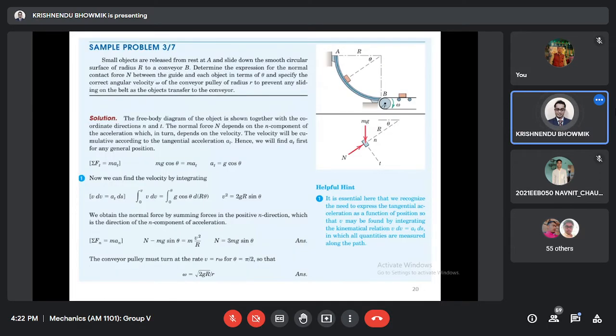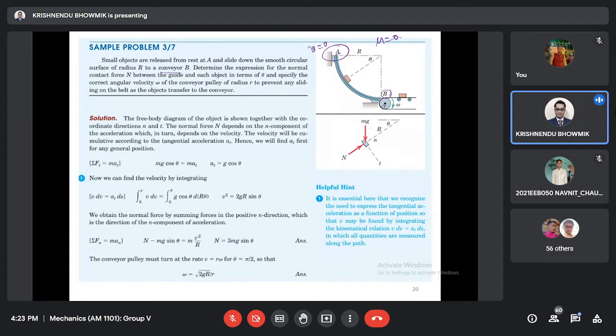Okay, now let's take one example. There is one small object that is released from rest, v equal to 0 at A, and it slides down on the smooth circular surface, friction equal to 0, of radius r to the conveyor belt B, moving on a smooth radius of curvature surface.